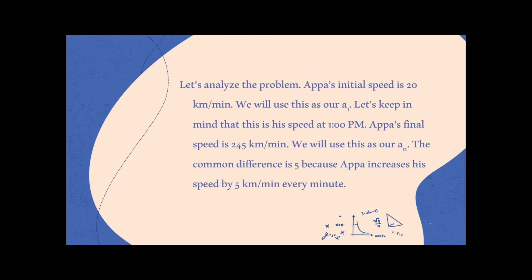Appa's initial speed is 20 kilometers per minute. We will use this as our a sub 1. Let's keep in mind that this is his speed at 1 p.m. Appa's final speed is 245 kilometers per minute. We will use this as our a sub n. The common difference is 5 because Appa increases his speed by 5 kilometers per minute every minute.